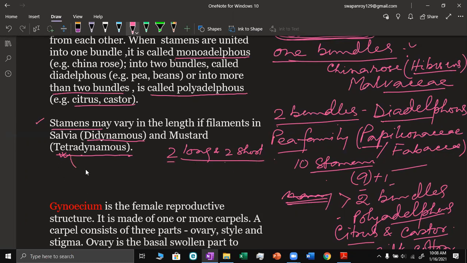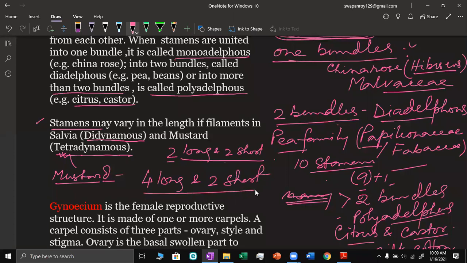And Tetradynamis is found in mustard. In the mustard family, Cruciferae or Brassicaceae, out of the six stamens, four are long and two are short. So this is Tetradynamis.